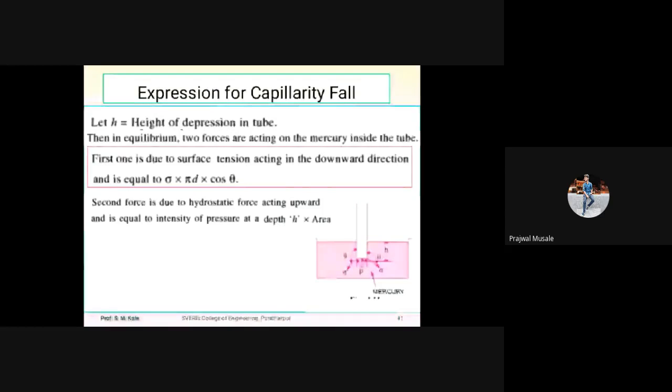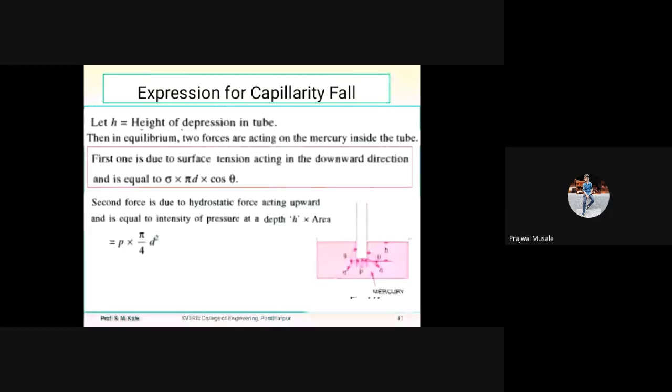And that sigma into pi d into cos theta, the surface tension, will be balanced by the hydrostatic force acting upon that mercury, which is at a depth equal to H. So the second force is due to hydrostatic force acting upward and is equal to the intensity of pressure at depth H into the area.